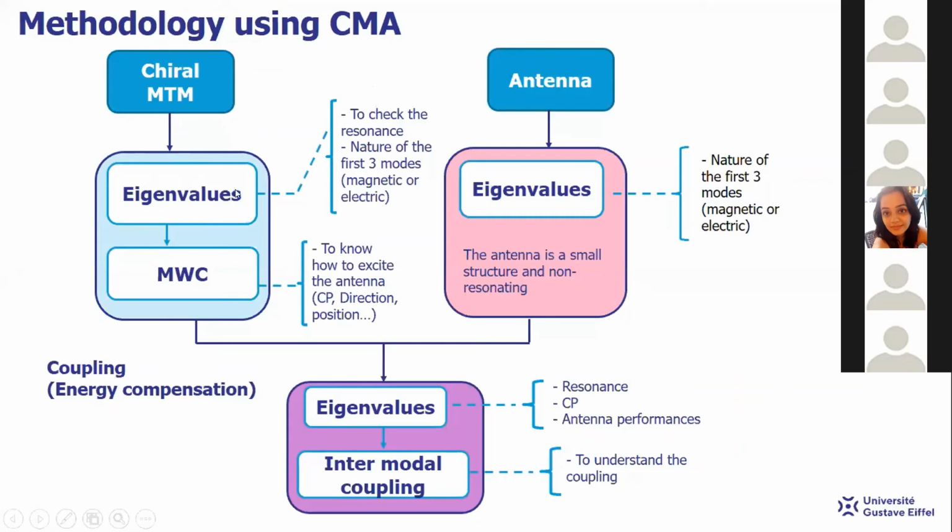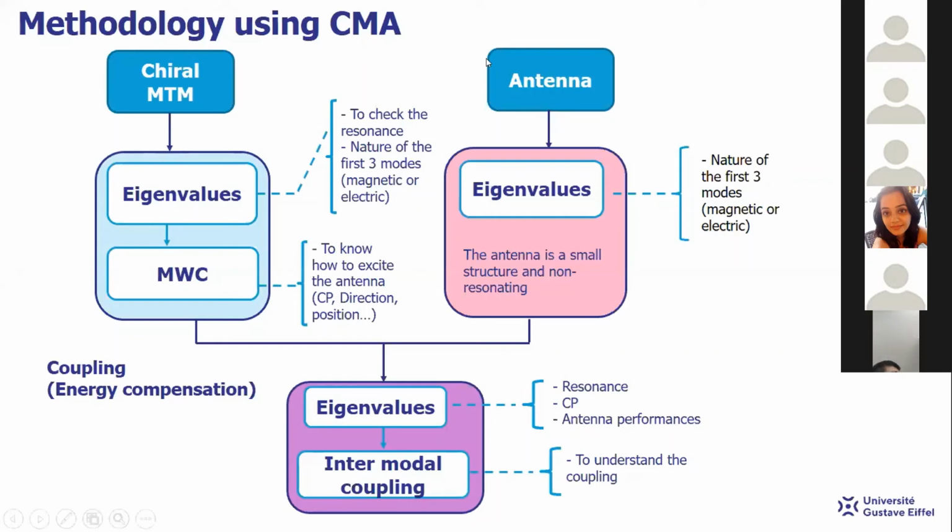For the eigenvalues, we are interested just in the first three modes, to check the resonance and to have an idea whether each is a magnetic or electric mode. And for the modal significance coefficient, we will use this metric to have an idea how to excite the antenna, how to obtain CP radiation, and the position and direction of how to excite the chiral metamaterial.